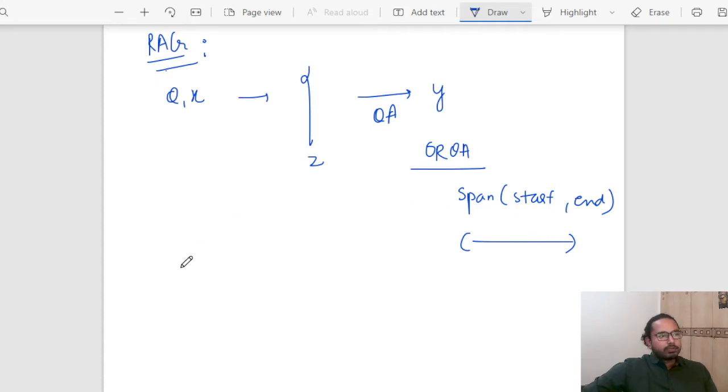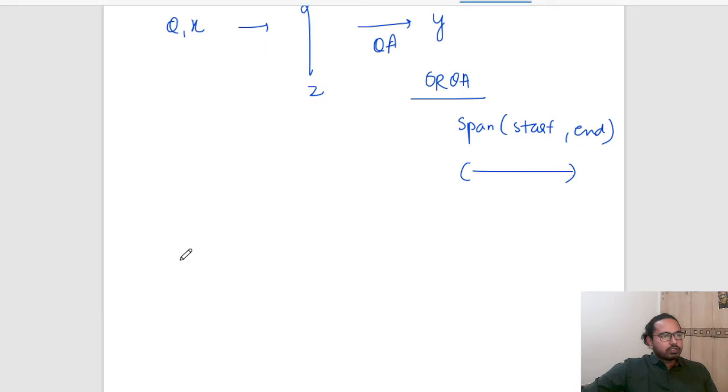RAG was one of the first papers in which the QA model used for the answer generation was a generative model, which basically meant that each and every token was generated one at a time, and we don't give answers in the form of spans.